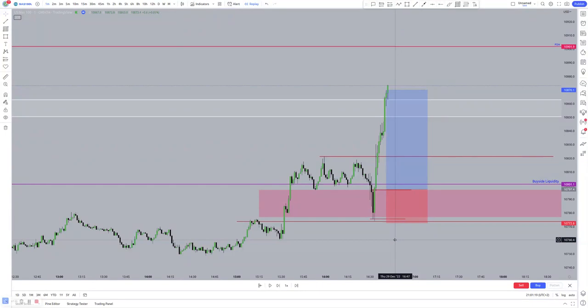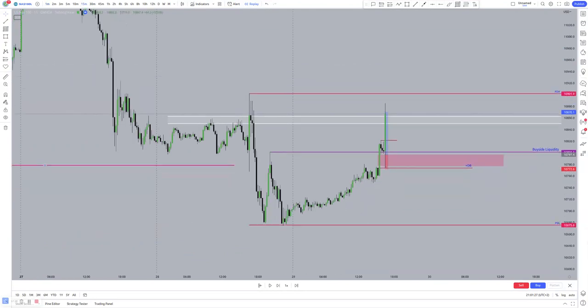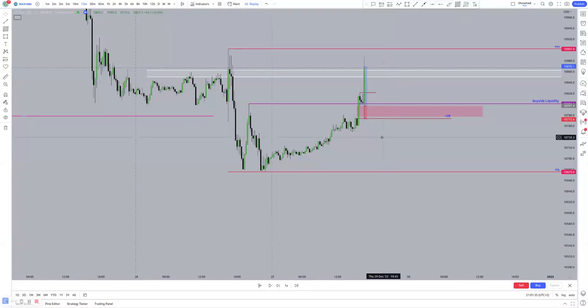To summarize it, the first thing was we didn't have any liquidity taken for us to target the opposing pool of liquidity. We actually had a break in structure, but then we had a fair value gap and an order block for bullish.